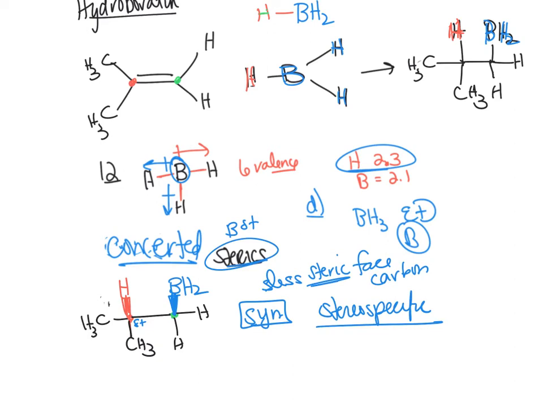During the first step, the boron and hydrogen are added at the same time to the double bond. Would you expect the addition to occur from the top face, the bottom face, or equally? And they're going to go equally. Okay, they're going to go equally top and bottom.